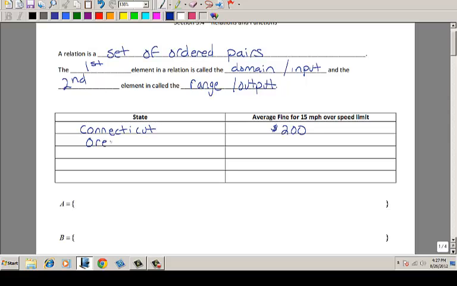In Oregon, your fine is $145. In Utah, your fine is also $145. In Iowa, your fine is $90. In Kansas, your fine is $30.